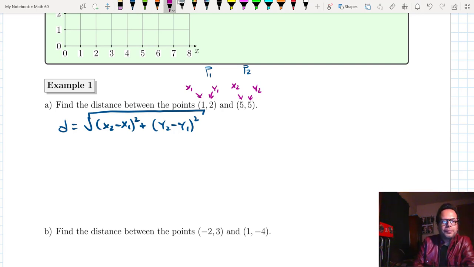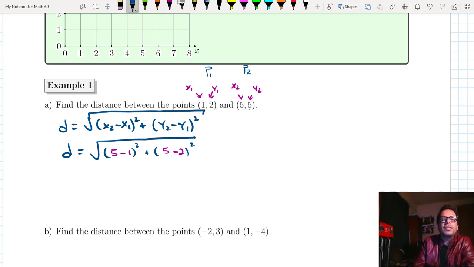So d equals the square root of x2, which is 5, minus 1, which is x1, quantity squared, plus y2, which is 5 also, minus 2, and that quantity squared.